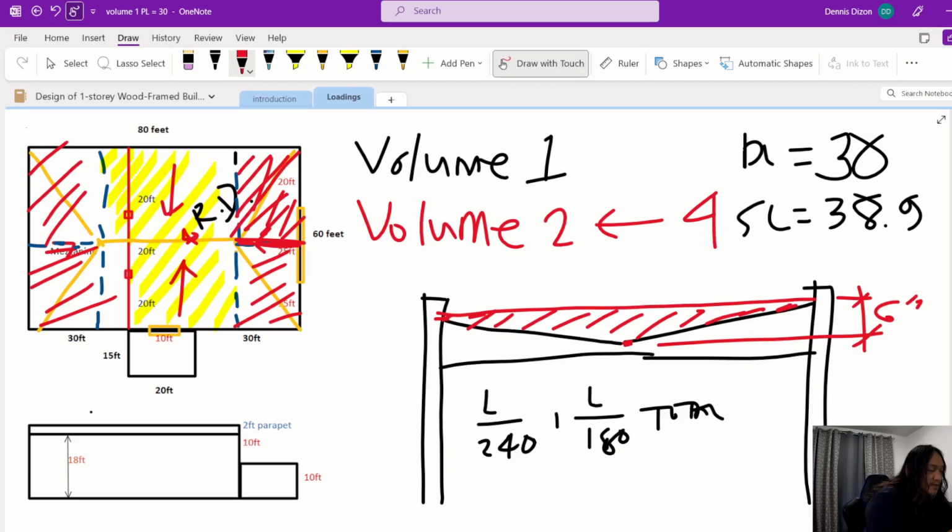So if this is 30, this is also 30. And then the total is 80. Therefore, this one here in the middle is 20 feet.